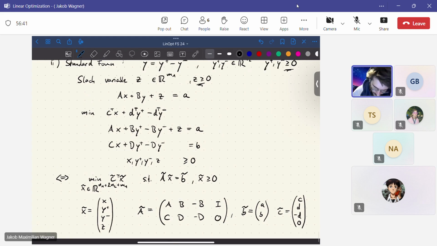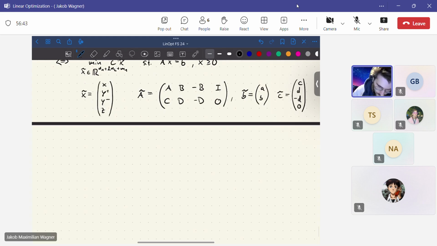And so this A tilde is now a matrix in R. We have kept the number of constraints the same, so this is still M1 plus M2. But now our number of variables has become much larger, so N1 plus 2 N2 plus M1.